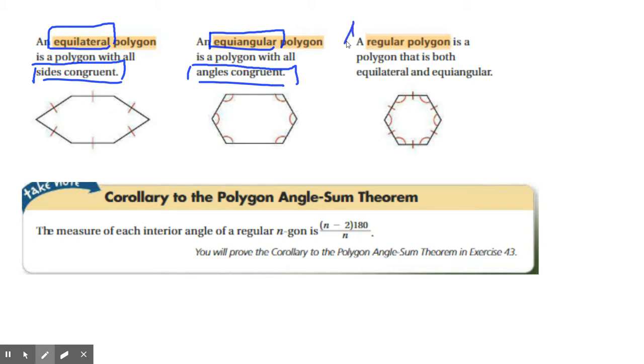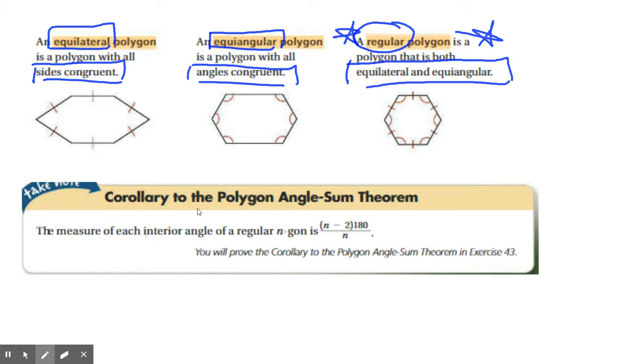But the gold standard, called a regular polygon, is both equilateral and equiangular. Most of the time in our world, things are regular. If you look at a yield sign, that is a regular triangle, or an equilateral triangle. A stop sign is a regular octagon.